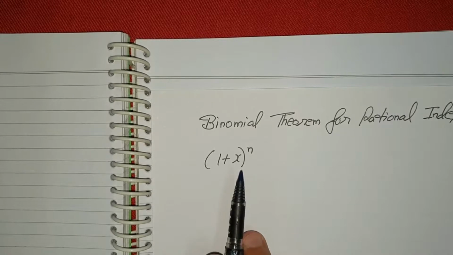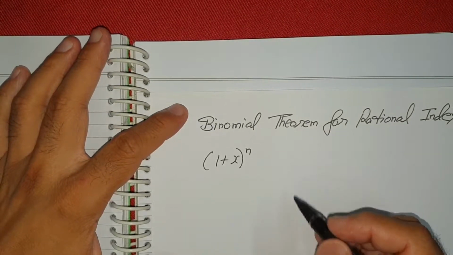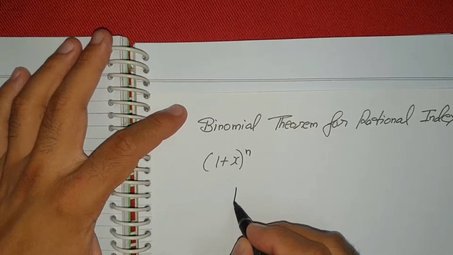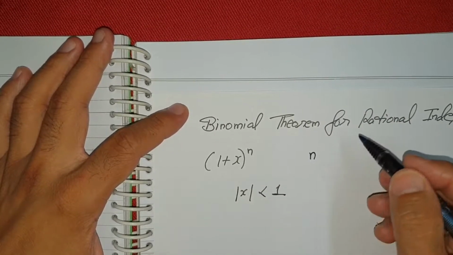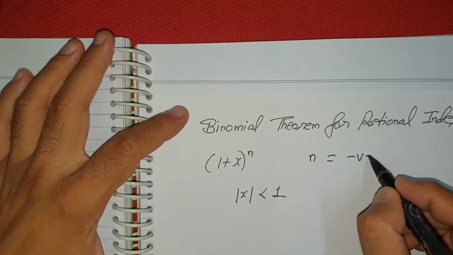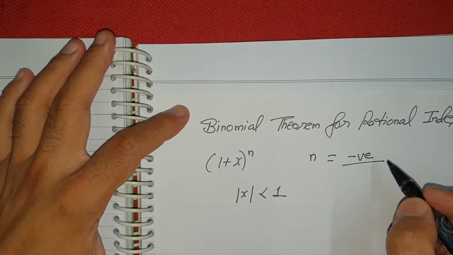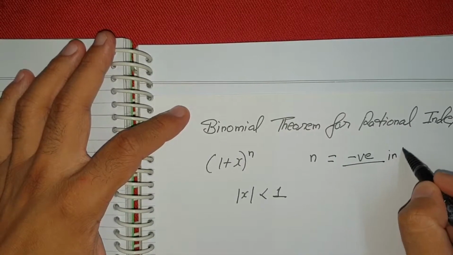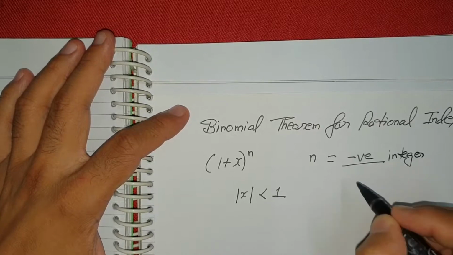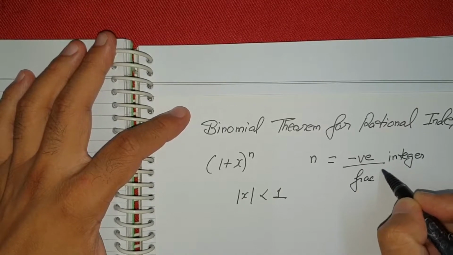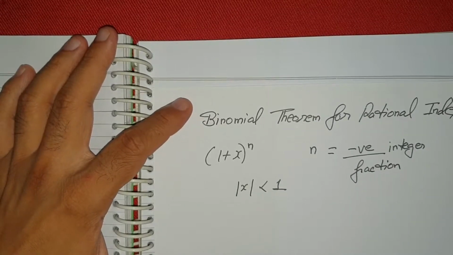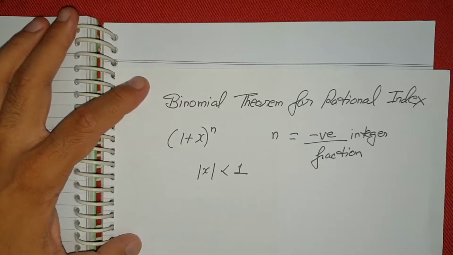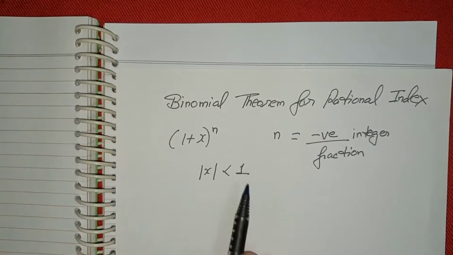and x is a real number, such that the condition for this is that modulus of x should be less than 1, and n can be a negative integer, or a fraction, and the value of x is such that modulus of x is less than 1.